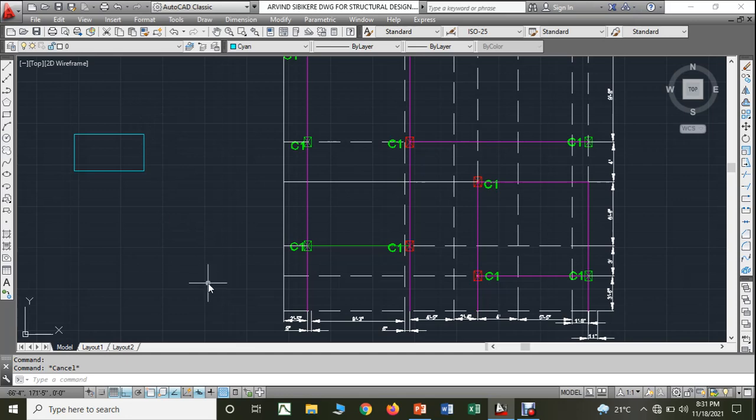Why is it made so? When the shorter dimension of the column becomes equal to the thickness of the wall, there will not be any eccentricity. For example, if this is my column, I can easily construct my wall like this.